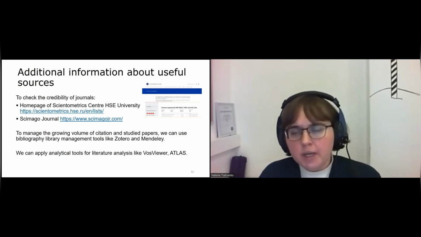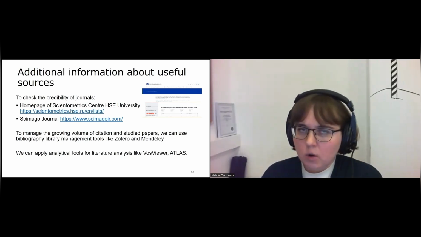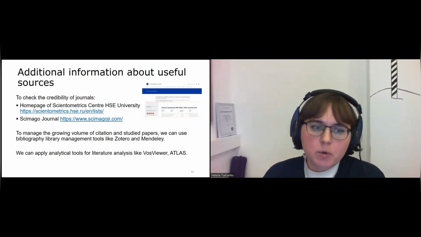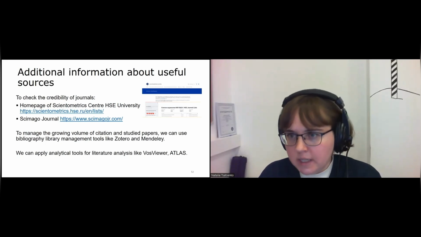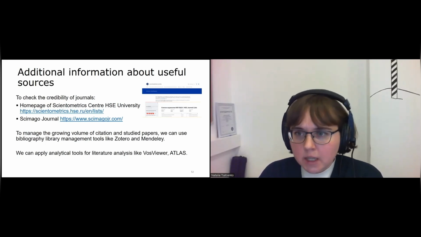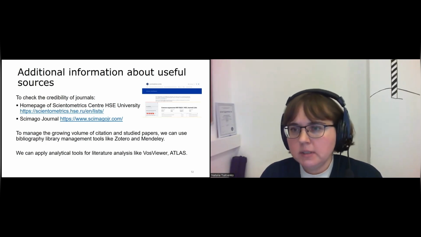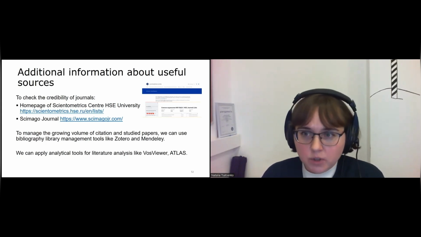To manage the sample of papers, I couldn't say it's always very helpful, but it's good to know bibliography library management tools like Zotero or Mendeley. It's helpful because you collect all papers in one program, and you don't need to remember where you saved some file on the computer.